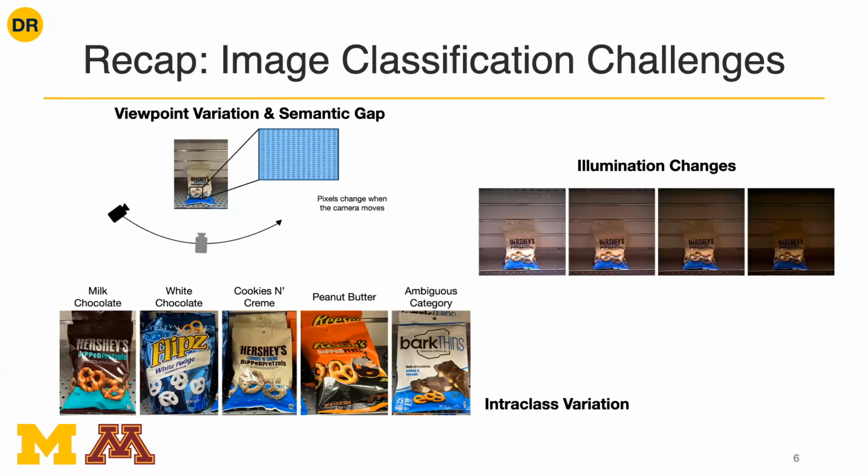And we discussed a little bit on semantic gap, because the way we perceive scenes versus the way the algorithms perceive the scenes. We talked about viewpoint variations, illumination changes, and intra-class variations, how these things actually make image classification a challenging problem.